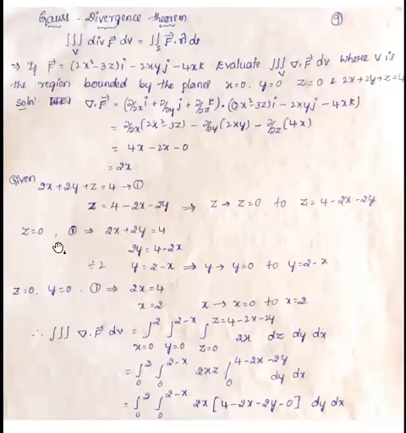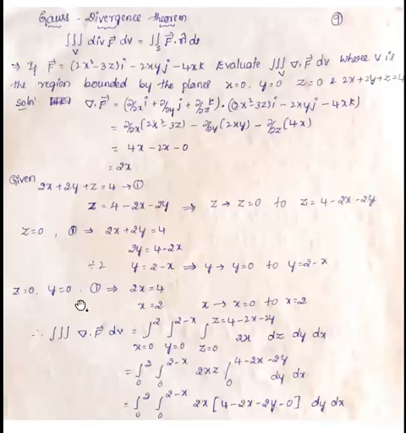To find the y limit, take z is 0. Equation 1 implies z is 0, 2x plus 2y is equal to 4. Simplify the 2y term, take 2x to the RHS: 4 minus 2x. In all the terms 2 is a common factor, that's why divide by 2. Here y is equal to 2 minus x. Here y varies from 0 to 2 minus x.